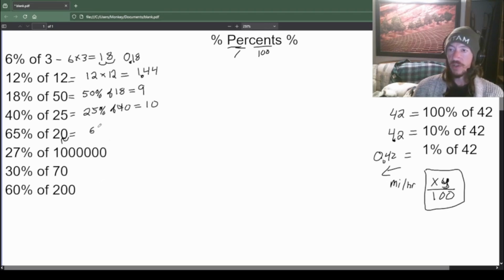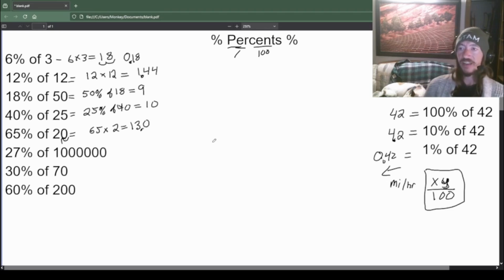Now I just do 65 times 2, which is a little bit easier than 65 times 20. I can do that one fairly quickly. That's 130. And then I moved the decimal over once already. I only have to move it over once again. So we put it right here, or just erase the 0. And that's 13 is our answer.